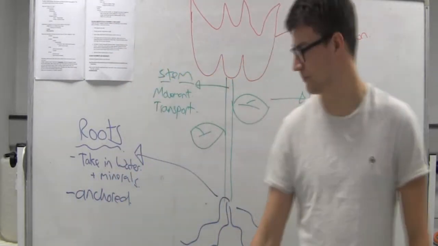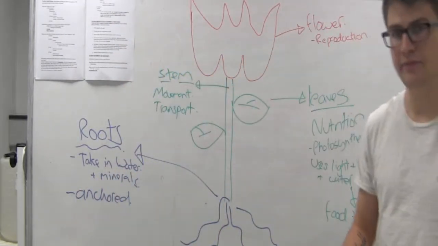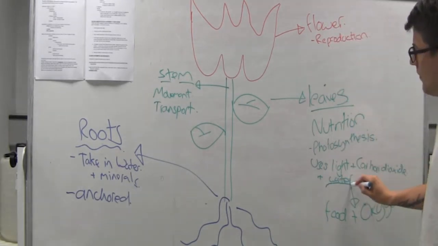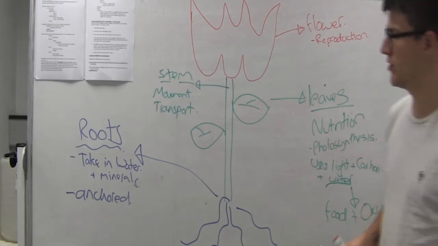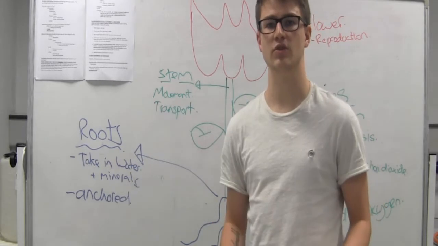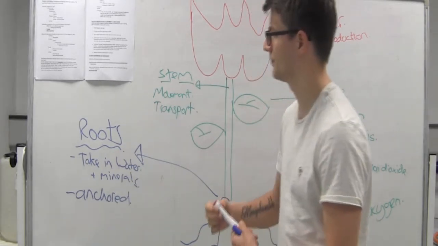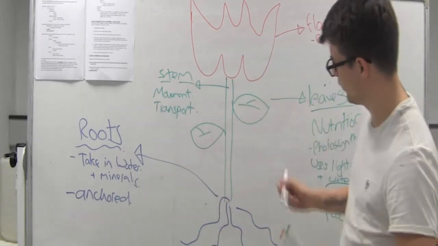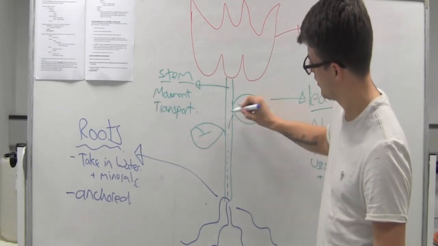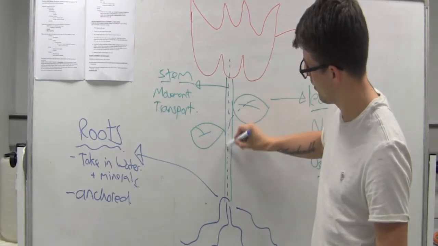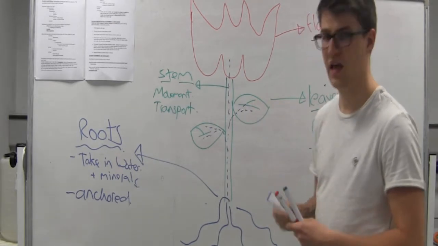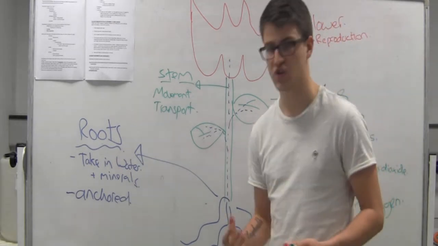But now we've got a problem. We've shown here in the leaves that we need water, but the roots are the main site for taking up water. So we need some sort of transport system for the water to get to everywhere else in the plant where it's needed. It does this by a process called transpiration.